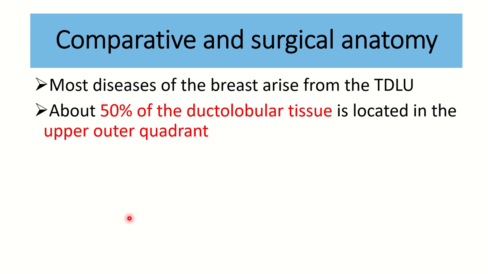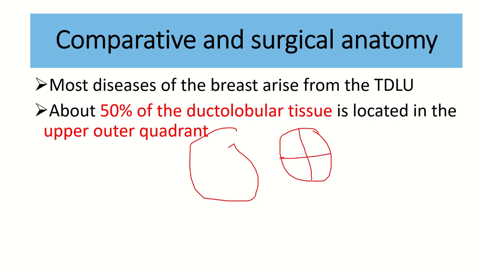This point is extremely important to remember, because if we divide the breast into four parts, the upper and outer quadrant contains 50% of the TDLU.